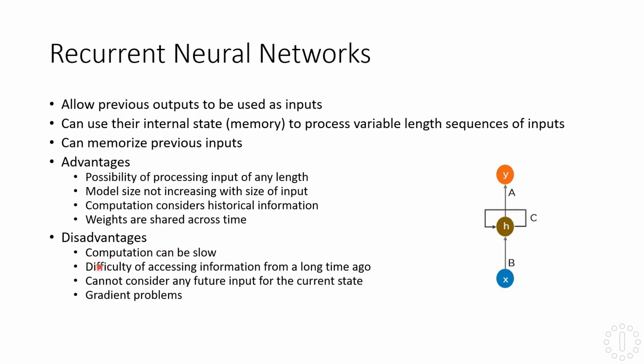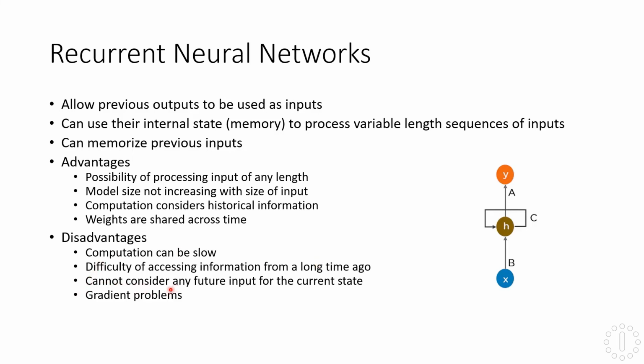Some disadvantages are that recurrent neural networks can be slow to compute and train, and there is a difficulty in accessing information from a long time ago. While it can remember information for a long time, using historical information from too long ago can be an issue.